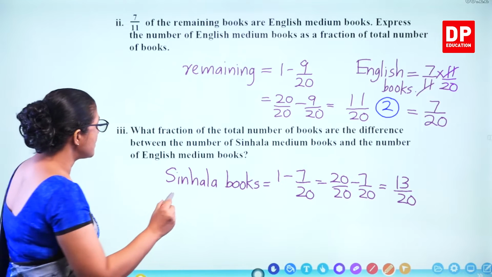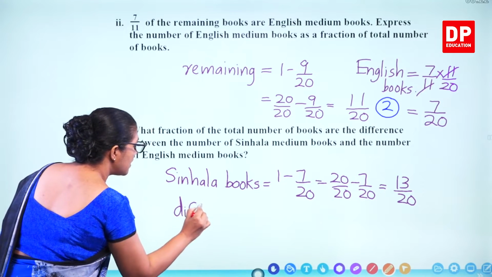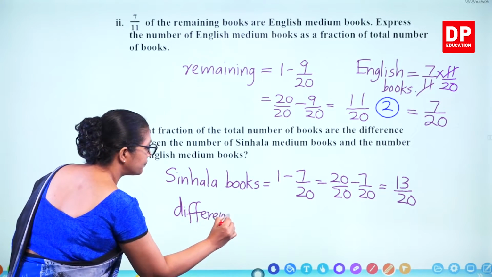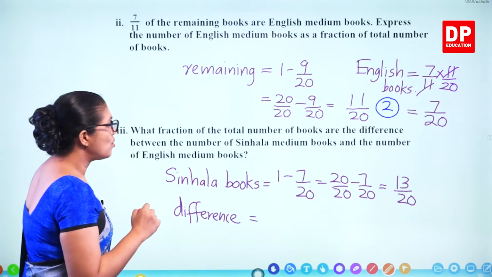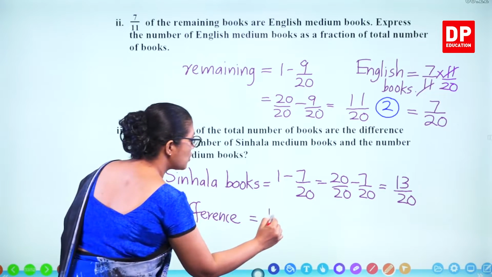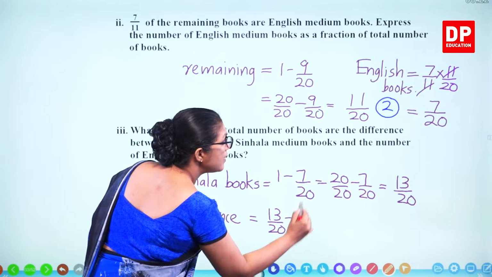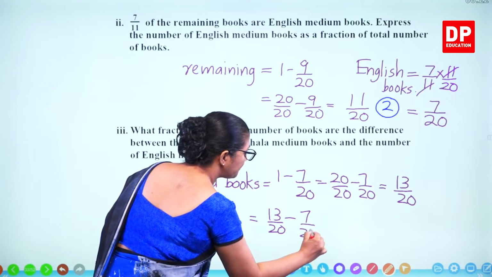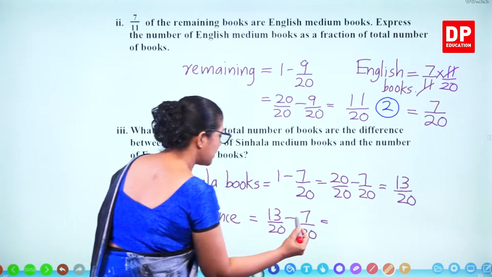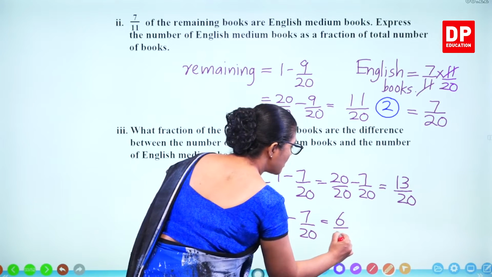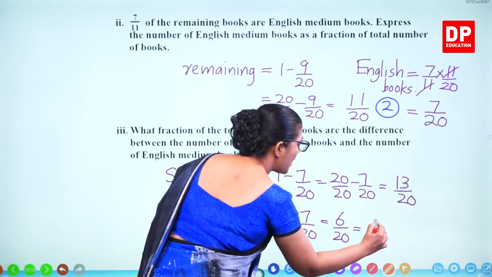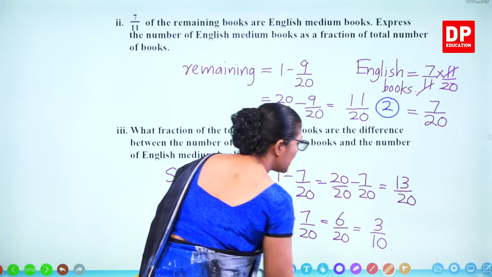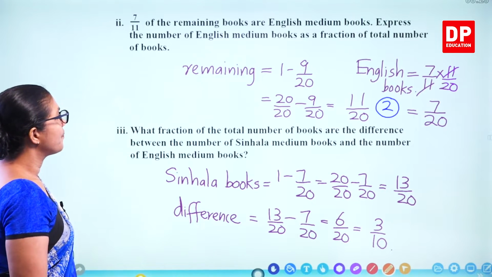Now the difference between these two is equal to 13 over 20 and 7 over 20. You get 6 over 20. You can simplify and write 3 over 10. So that's the difference.